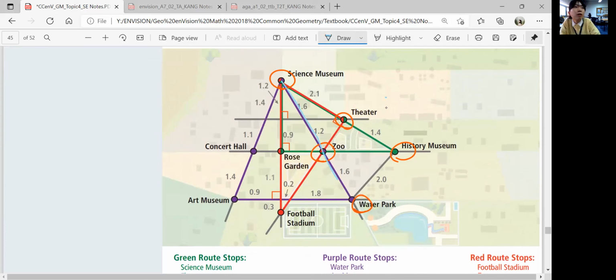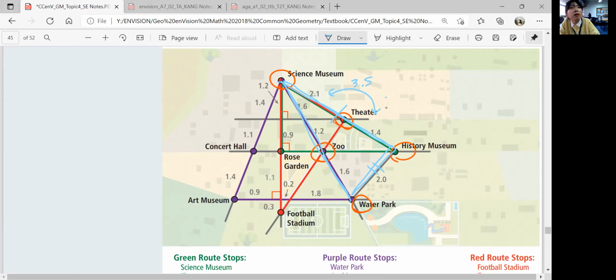Okay, so this is our new triangle. Draw a triangle. We did draw a triangle. To represent the new route, include any length or angle information that's given in the diagram. So we can add these 2 lengths and say, oh, this side is going to be 3.5. And this is going to be 2. And then that's a hypotenuse. And then that's just going to be a right triangle.